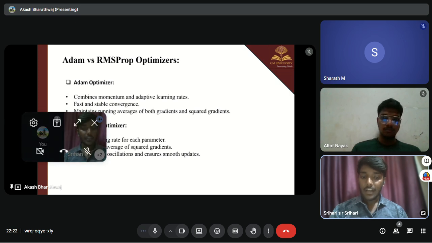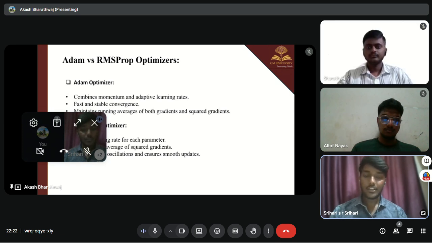And Adam, whose full form is Adaptive Moment Estimation, maintains two exponentially decaying moving averages, the first moment and the second moment. The first moment, the average of past gradients like momentum, accelerates convergence by building up velocity in consistent directions, reducing noise and escaping shallow local minima.